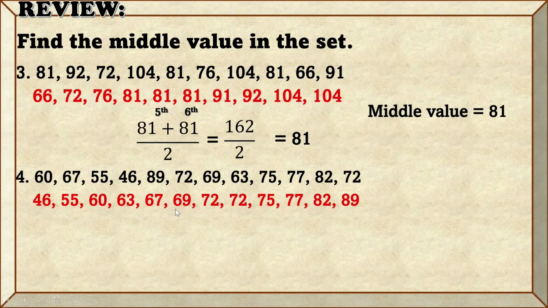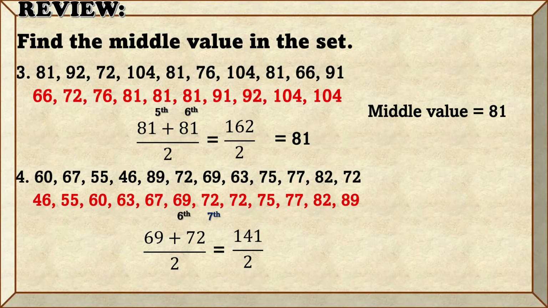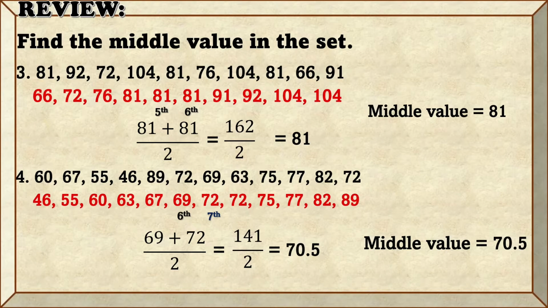So, we have 12 data. Ibig sabihin, magkakaroon ulit tayo ng dalawang middle values. Pag meron tayong dalawang middle values, we have the 69 and 72, which are the 6th and 7th data. To get the middle value, we take the average of the two numbers. So, we have 69 plus 72, then divide by 2. So, we have 141 divided by 2 is 70.5. Therefore, the middle value is 70.5.